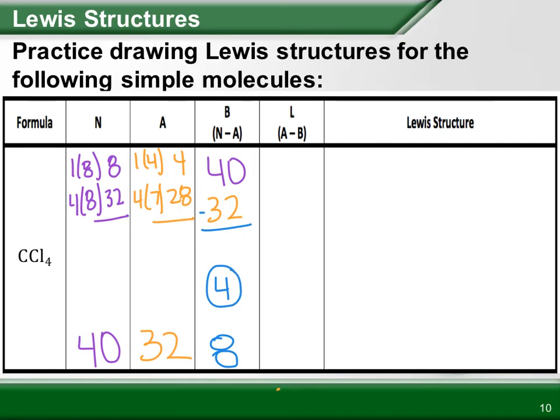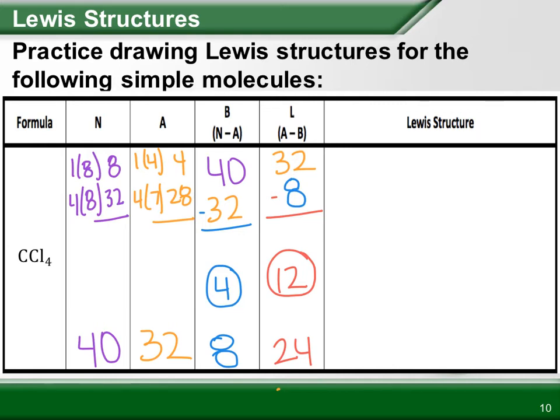For L, I take the 32 from A, and I subtract the 8 from B, and that gives me a total of 24. There's 24 electrons involved in lone pairs, and I only have 12 lone pairs because I'm going to take 24 and divide that by 2.